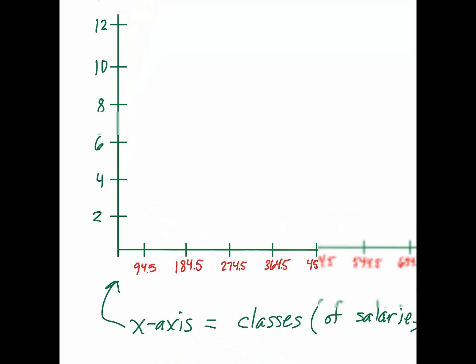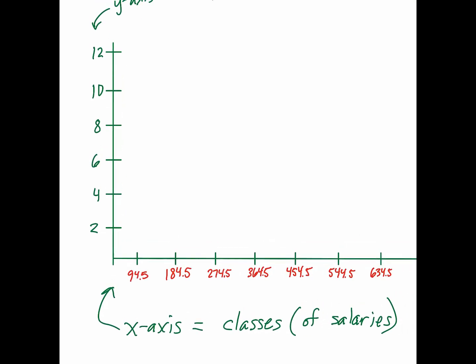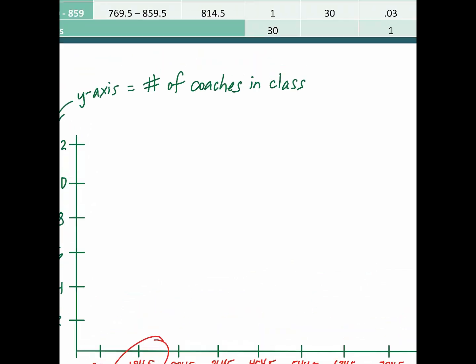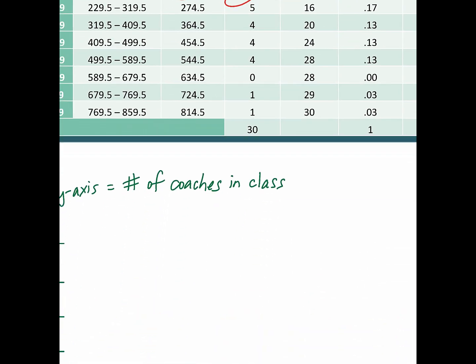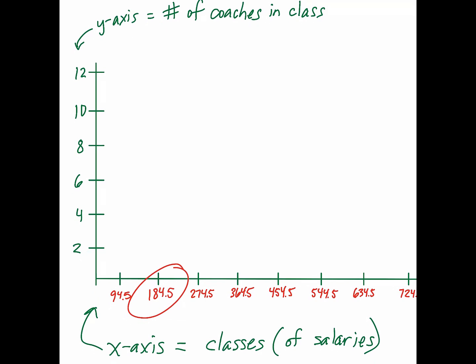Next, at each midpoint, I'm going to indicate the frequencies. So obviously here at 184.5, we have a frequency of 11. So at 184.5, I'm going to plot a point at 11.